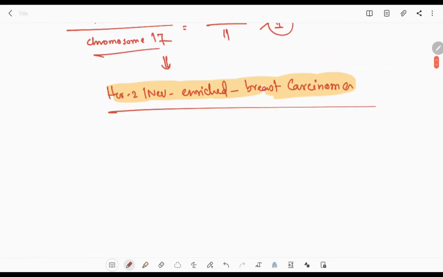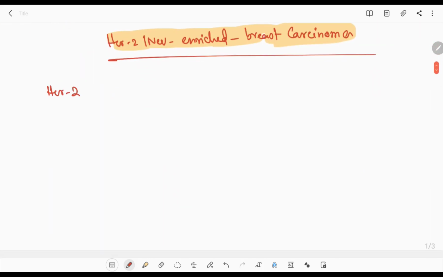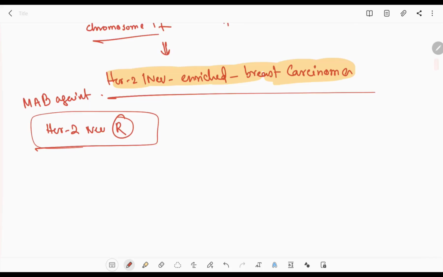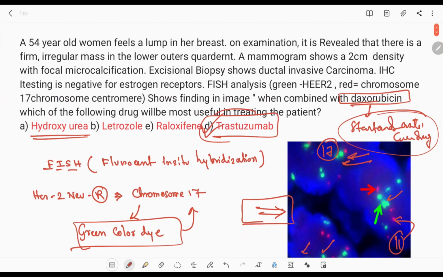Trastuzumab is a monoclonal antibody against the HER2 neu receptor. So the right answer should be trastuzumab.